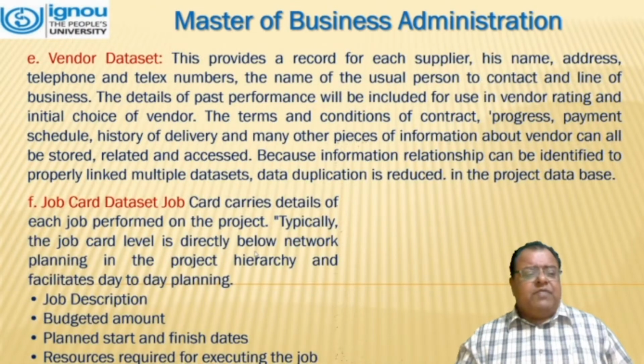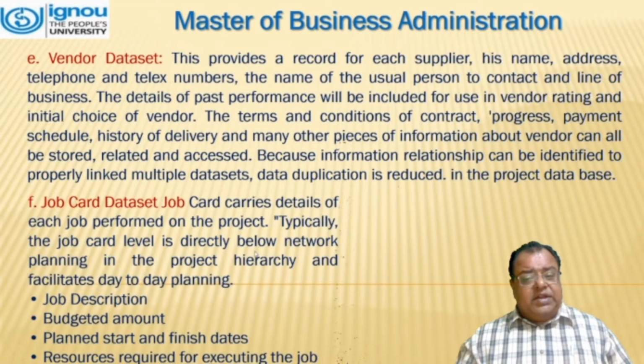Then we move on further to the vendor data set. This provides, for each supplier, his name, address, telephone, and telex number, the name of the usual person to contact, and the line of business. The details of past performance will be included for use in vendor rating and initial choice of vendor.